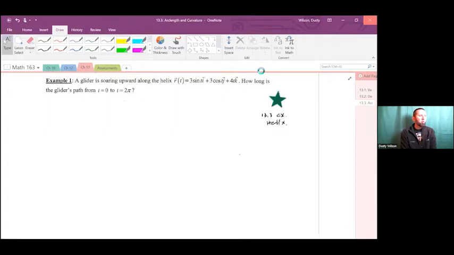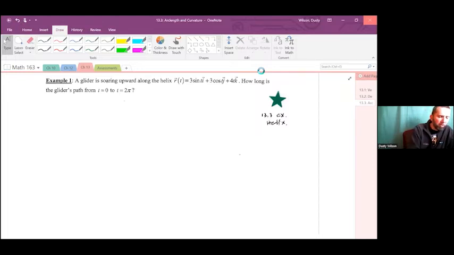Example 1. A glider is soaring along the helix r(t) = 3 sin t i + 3 cos t j + 4t k. How long is the glider's path from t = 0 to t = 2π?